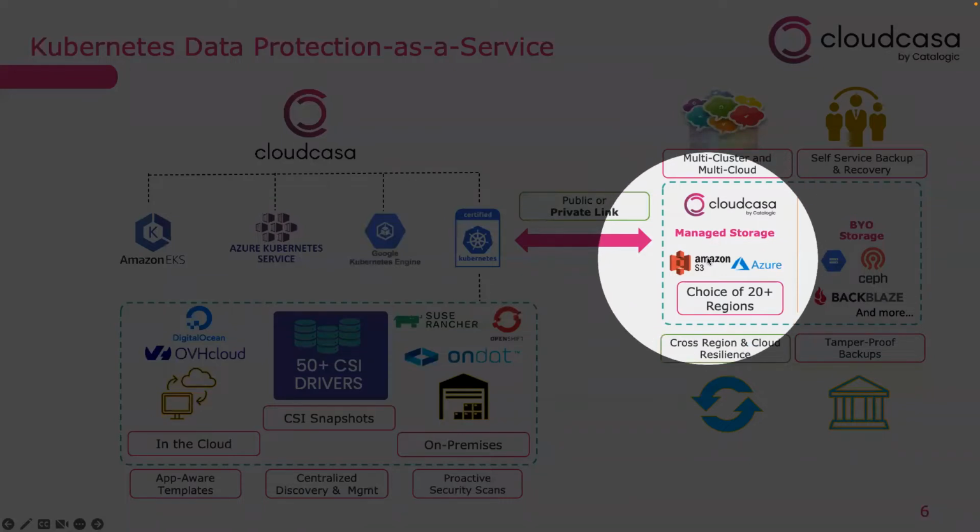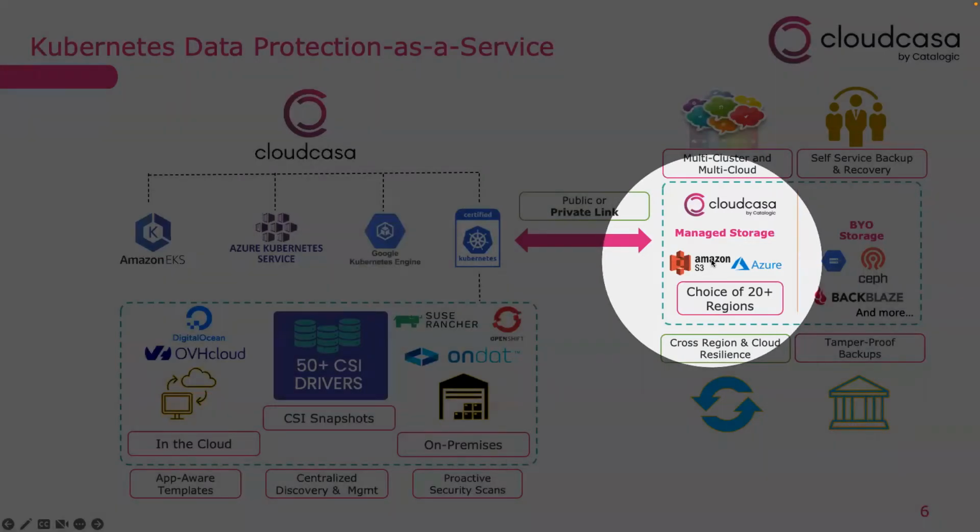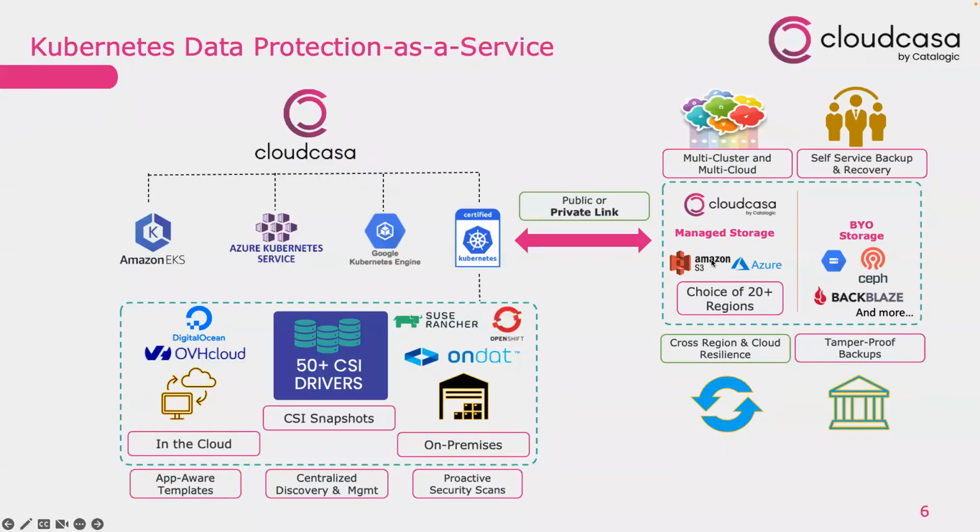And the other advantage is when it comes to backup, you might also want to send another copy to external object storage. With CloudCasa, they actually provide you the storage by default. That's managed storage provided by CloudCasa.